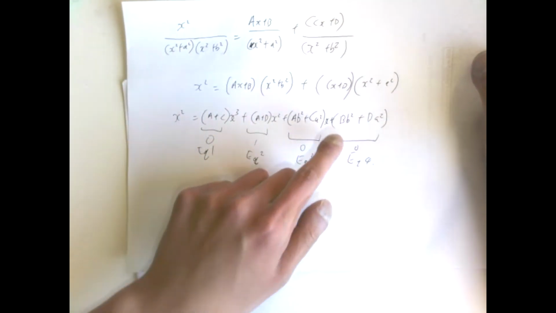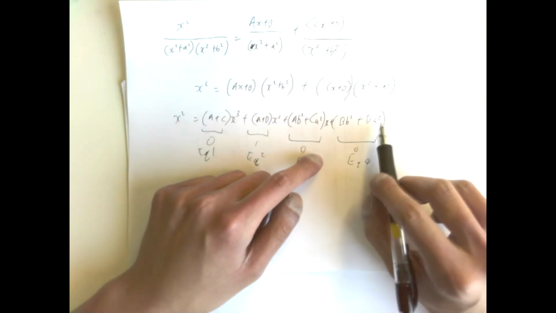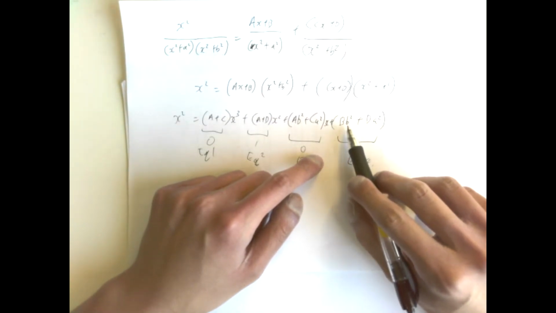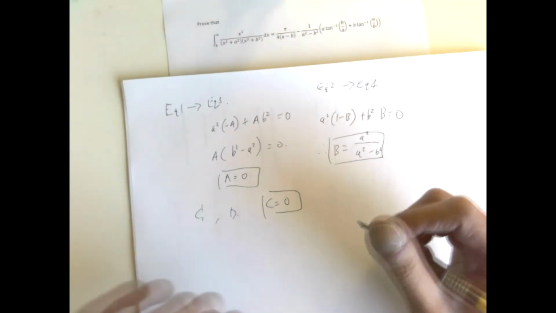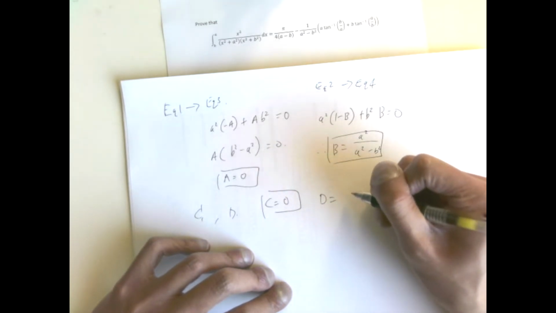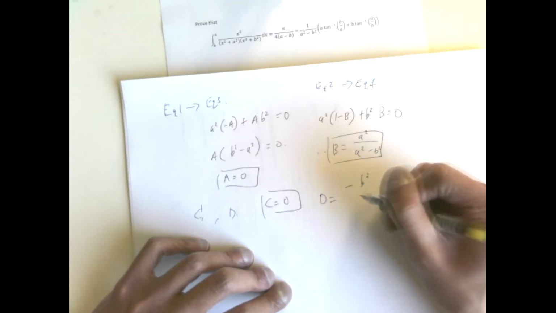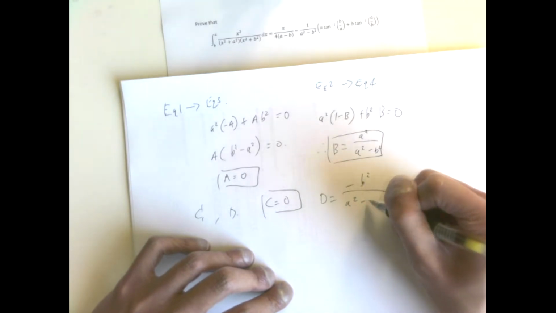And because we know from equation 4 that a squared times D plus b squared times B is equal to 0, that means D must be negative b squared on a squared minus b squared.